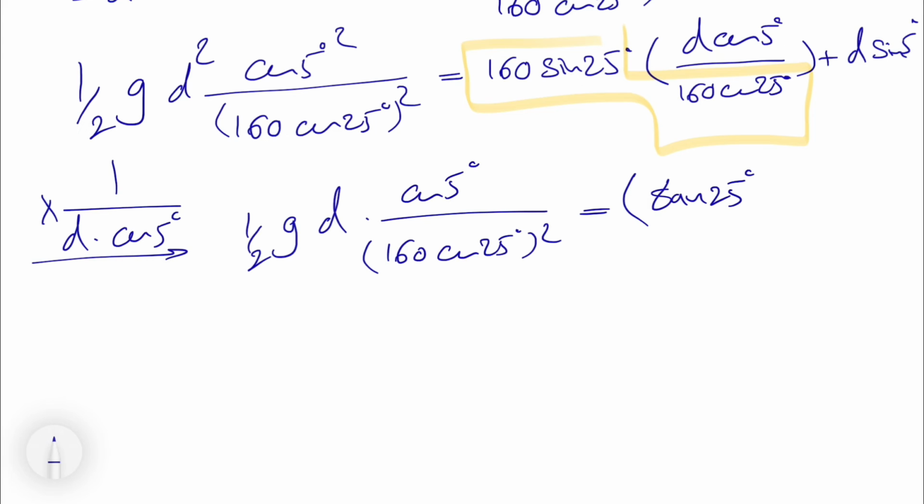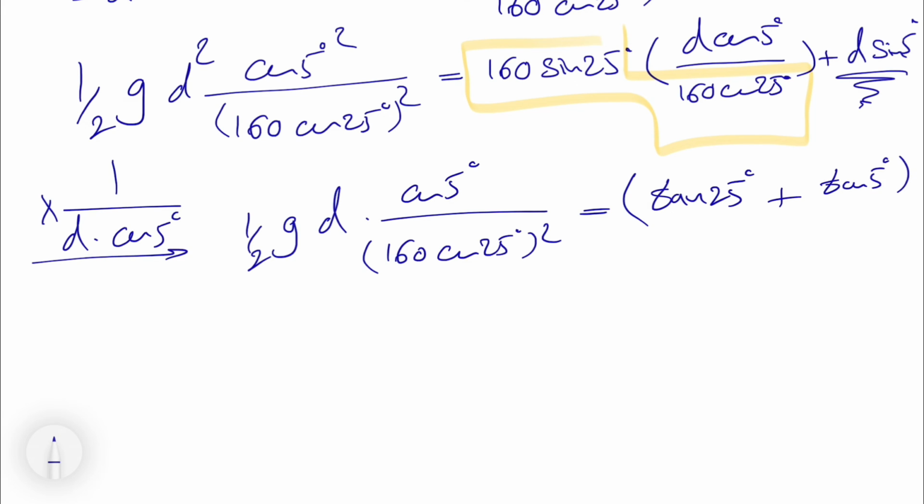On the right side, we have 160 sine of 25 divided by 160 cosine of 25, which is simply tangent of 25, and the numerator will be cancelled out with what we are multiplying in the equation, which is 1 divided by d cosine of 5 degrees.